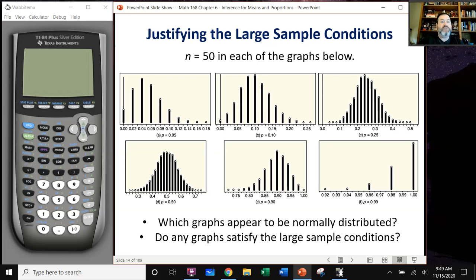Different fields of study have different large sample conditions, but we're picking the most commonly used one. The researchers said, we want a nice symmetric bell-shaped distribution of sample statistics, so they set the criteria at successes equal to 10, failures equal to 10. And it works pretty well, as it turns out.